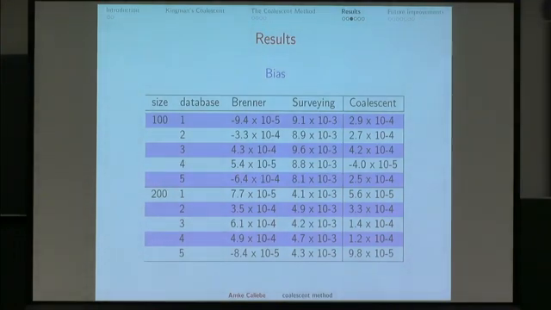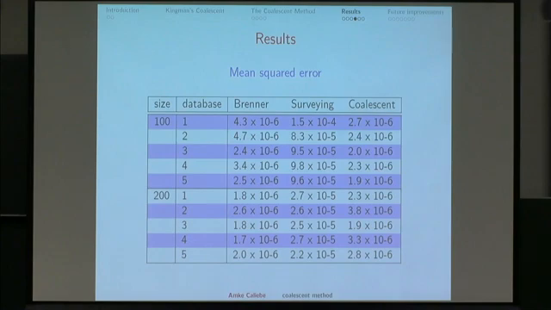Here is the bias calculated for the methods. You can see, as we have seen in the picture, that the surveying method has a rather large bias, whereas Brenner's and the coalescent method are about the same size. One could also look at the mean squared error.